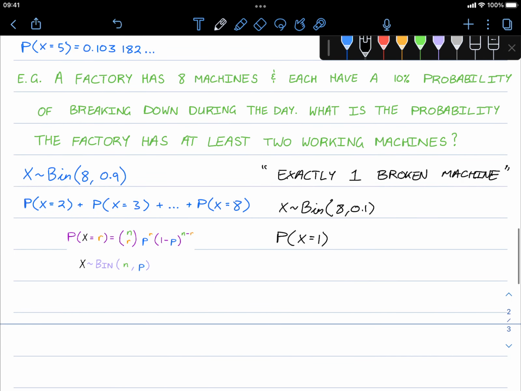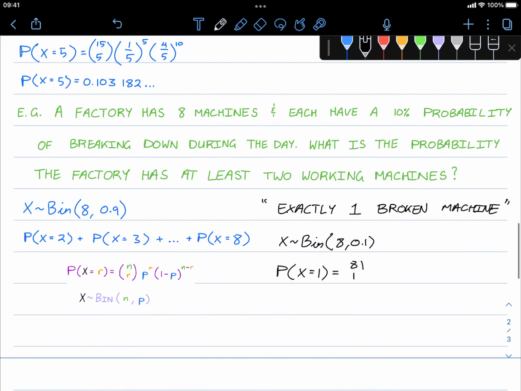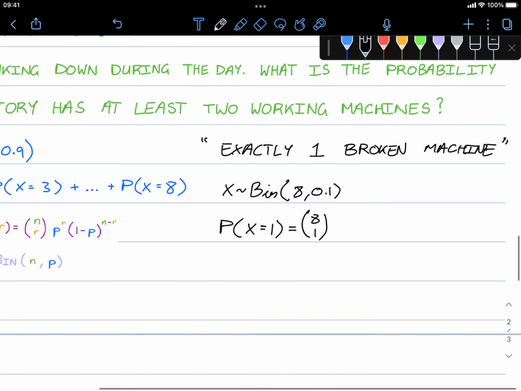So all we're doing now is 8 choose 1, times 0.1 to the power of 1, times 0.9 to the power of 7.